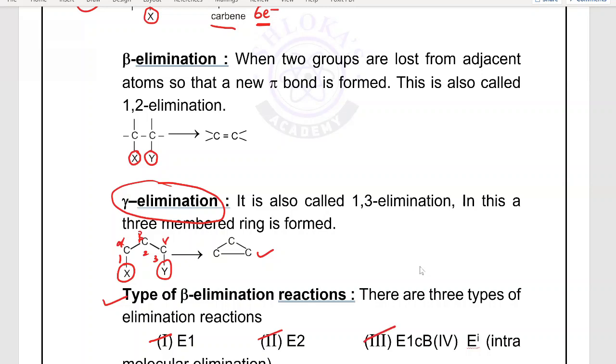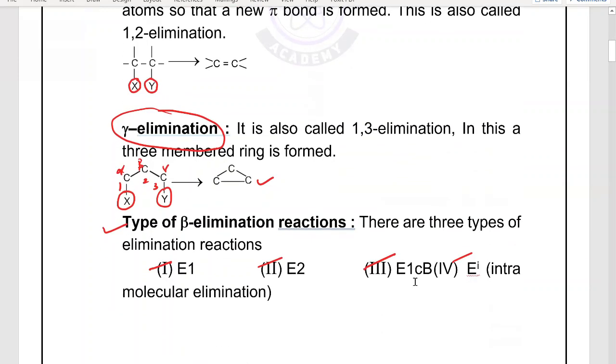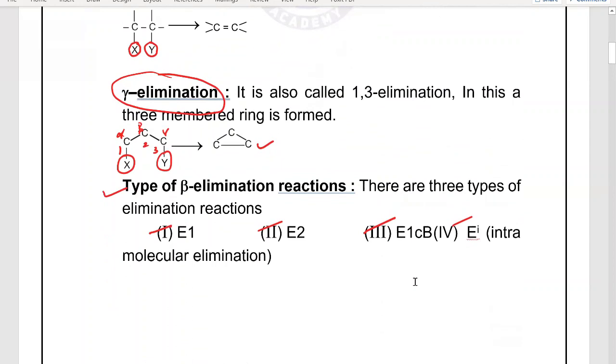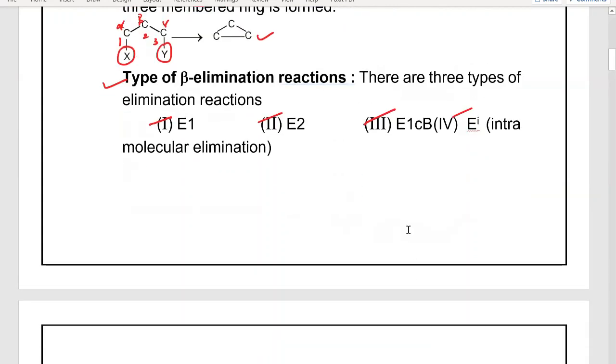E1CB, elimination via conjugate base. And Ei, intramolecular elimination. All these eliminations are, no doubt, beta eliminations. Why do they have different names? On what basis can we classify them into 4 types? That is our syllabus, very important. One by one we will discuss.